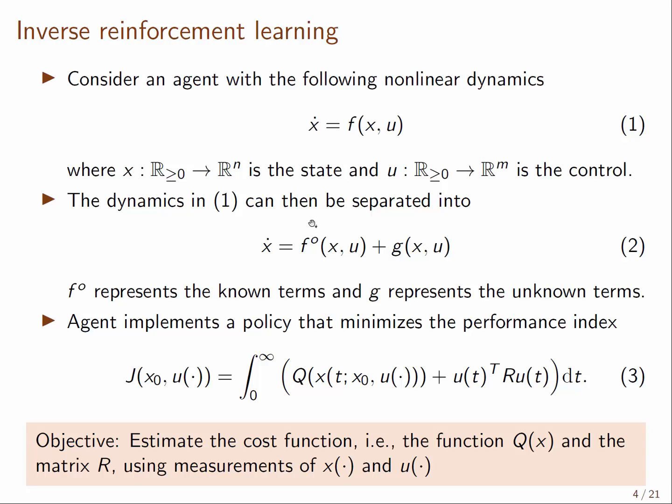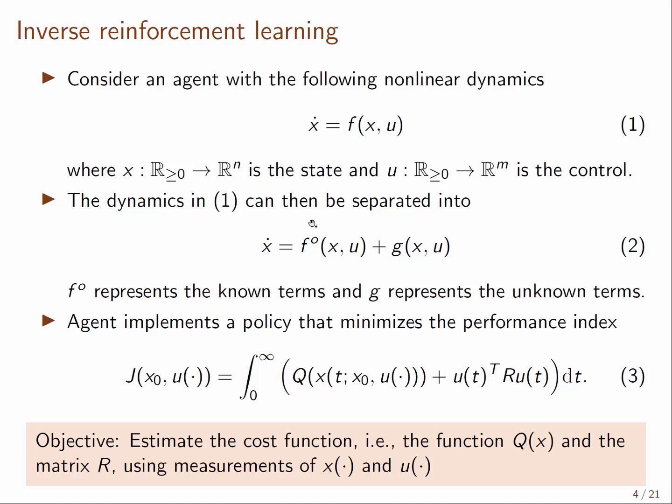We're also assuming that this agent is implementing a feedback policy that minimizes a performance index. The performance index is an infinite horizon integral of a cost function. The cost function is comprised of a state penalty Q and a quadratic control penalty u transposed R u, where R is a positive definite matrix and Q is a positive definite function.